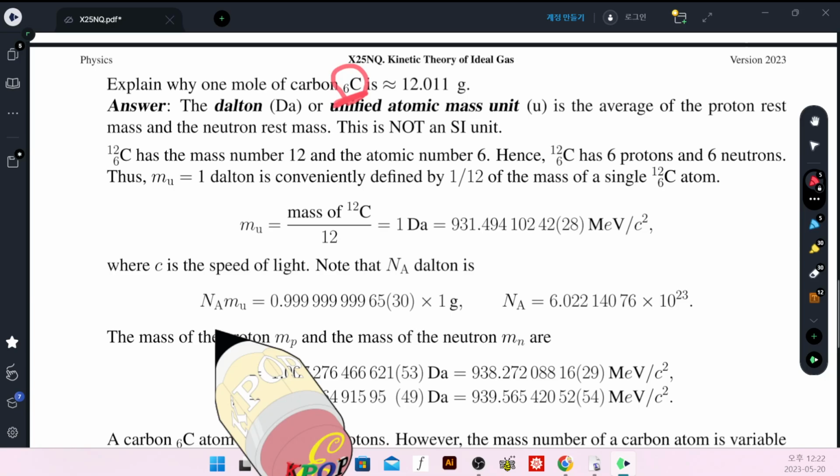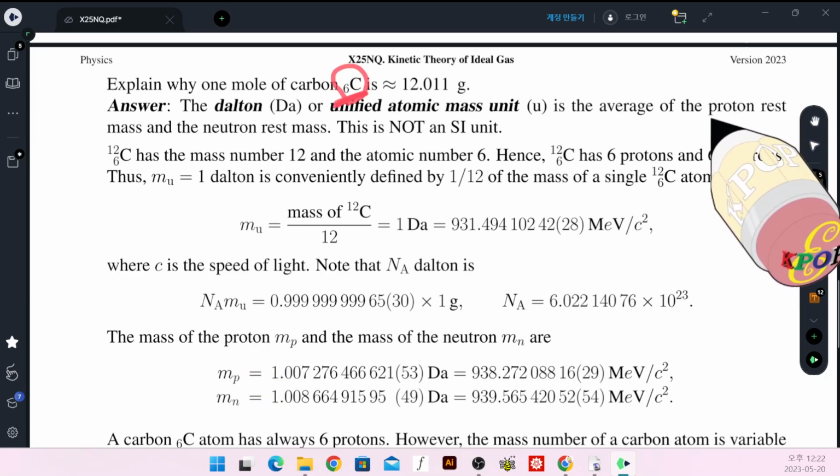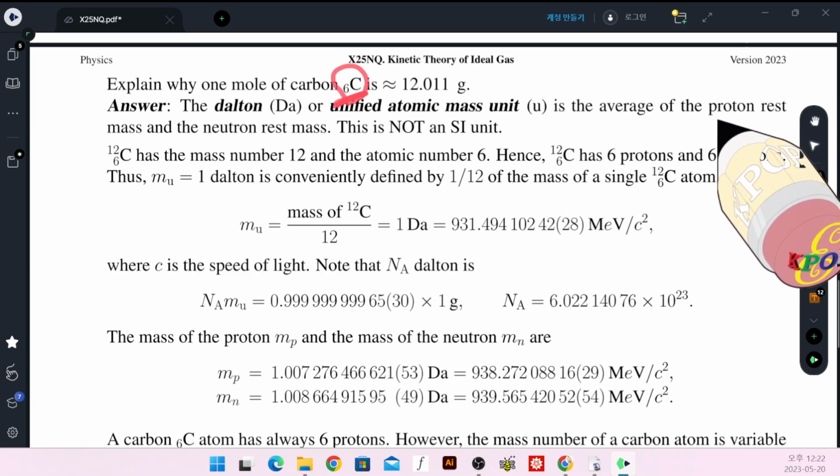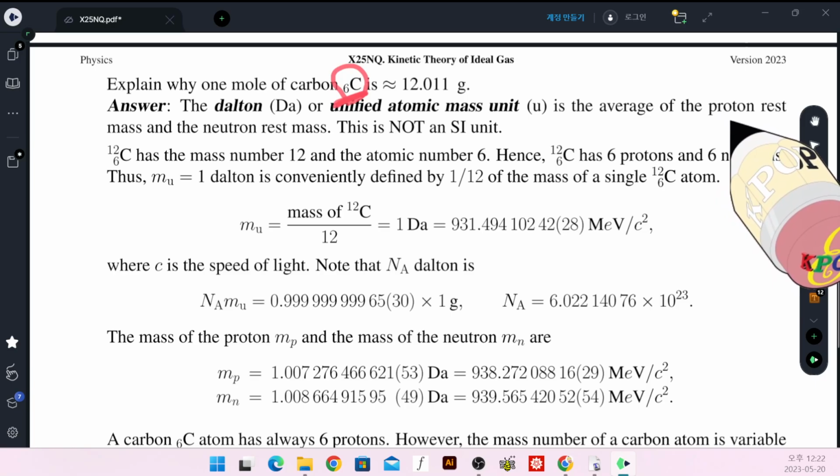So it's practically useful to take the average of the proton mass and neutron mass, because it is not always true that the numbers are equal in a single atom. We need to choose a standard. The standard one is a carbon atom.